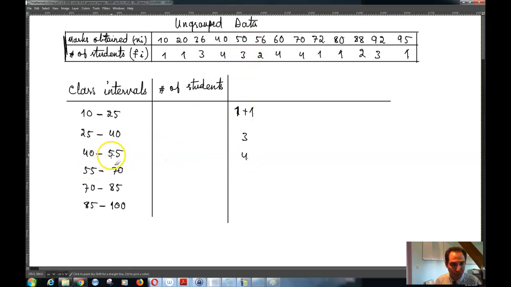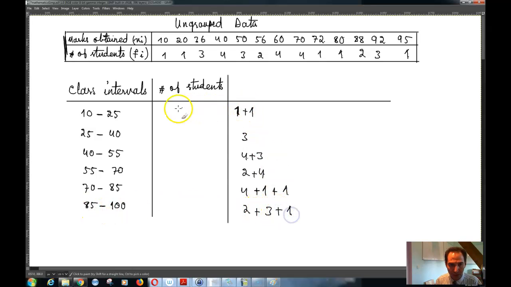50 would be 3, which is this thing over here. 56 would be 2. 60 would be 4. 70 would be 4. 72 would be 1. 80 would be 1. 88 would be 2. 92 would be 3. 95 would be 1.